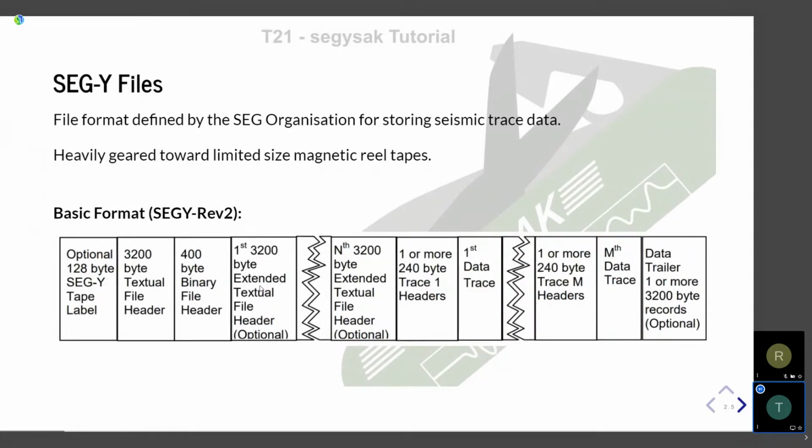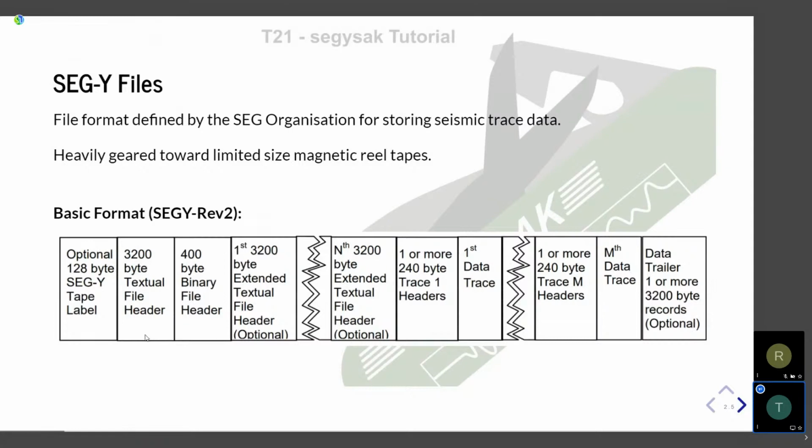And the result of that is you end up with a data structure that kind of looks like this. You've got this optional tape label, which is rarely used these days, I think. You've got then a number of data blocks defined by a specific byte size that have different amounts of information in it. At the front of the file, you've got the textual file header, often called the EBCDIC, which was the encoding format used for it.